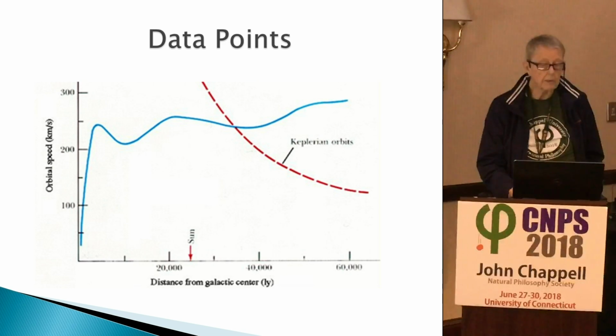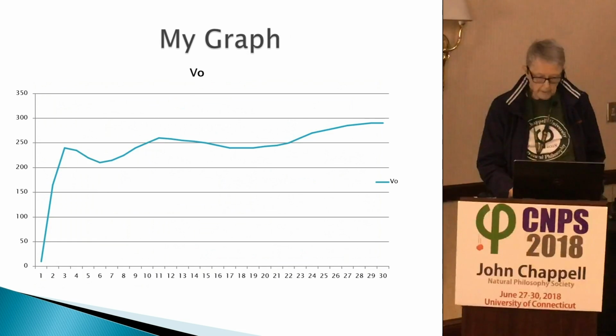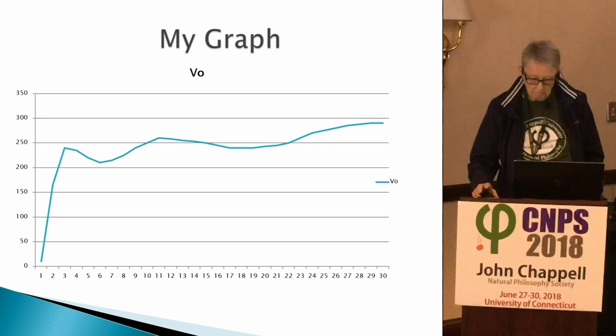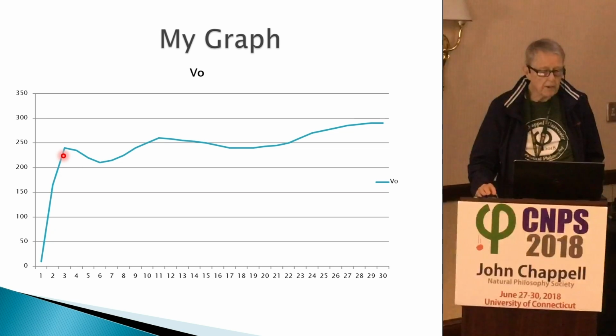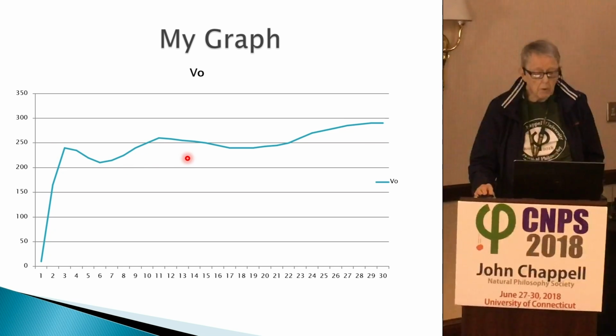So I took this original graph and printed it out, put a grid on it, and read the data points off of that curve. I turned around and plotted that on an Excel spreadsheet. This is a piecewise linear curve. It's not very smooth. There's a straight line right there. You can see more of what look like straight lines.